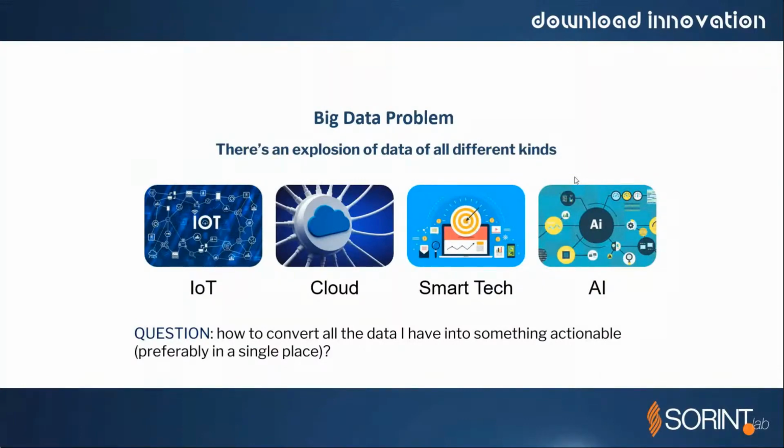And this can be achieved by collecting data into a single source of truth, where it can be actionalized. And with actionable data, we mean building knowledge objects, dashboards, alerts, and in general, anything that can provide value to stakeholders utilizing this tool. So the question here is how to convert all the data I have into something actionable, and preferably in a single place.